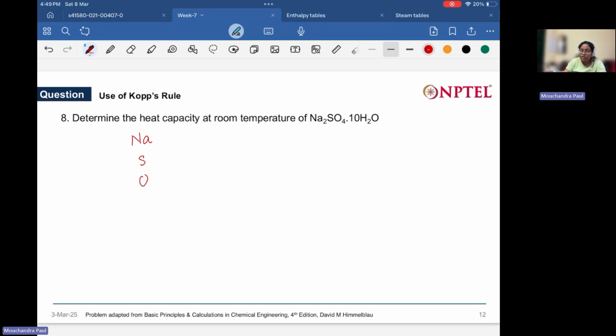That is the unit in which the heat capacity will be calculated. Then for sulfur, it is again 26. For oxygen, it is 17. And for hydrogen, it is 9.6.